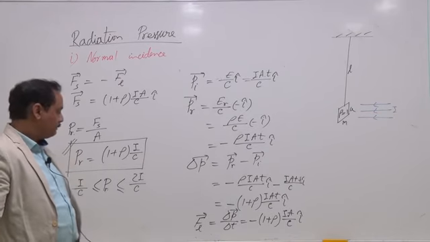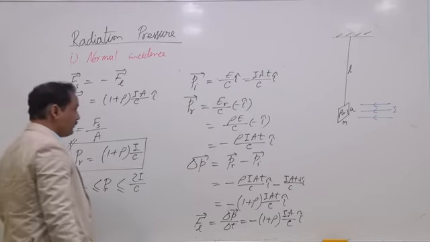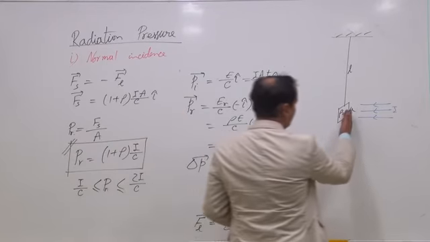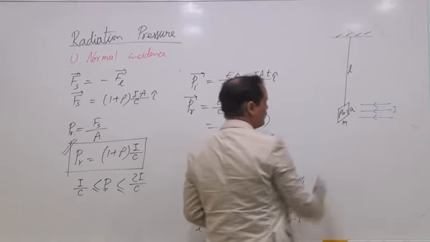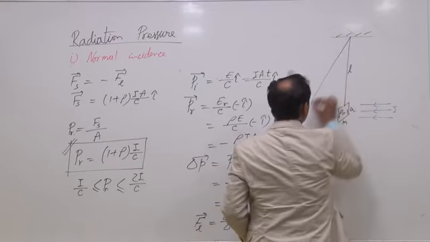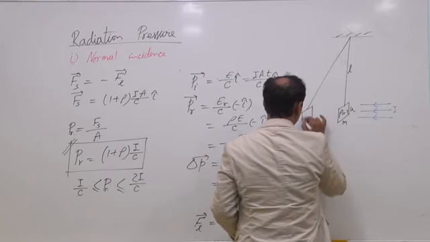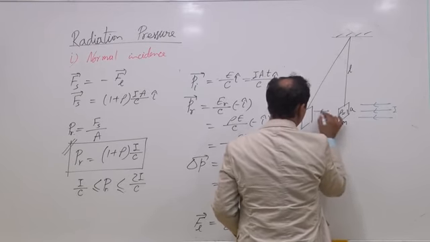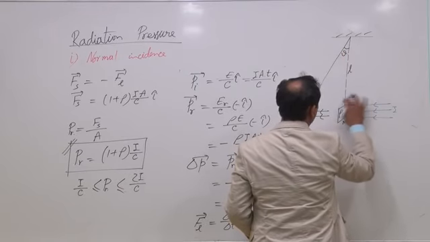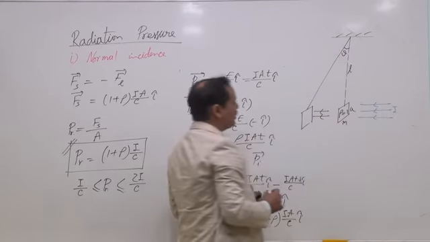So what happens? Let us see. Due to the incident light, the surface experiences a force and gets deflected, and the string becomes like this. And this is the incident light. Let theta be the angle made by the string with the vertical.